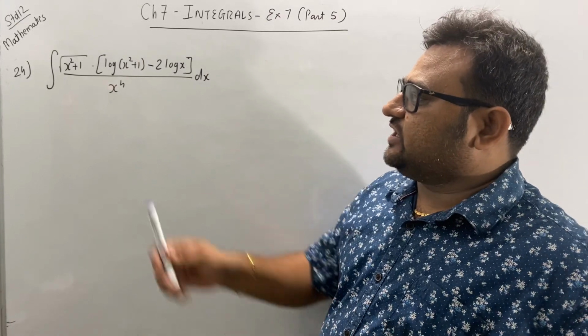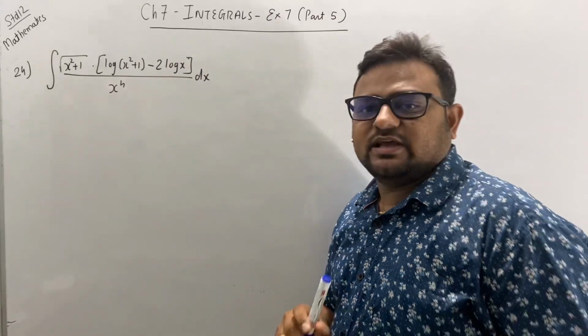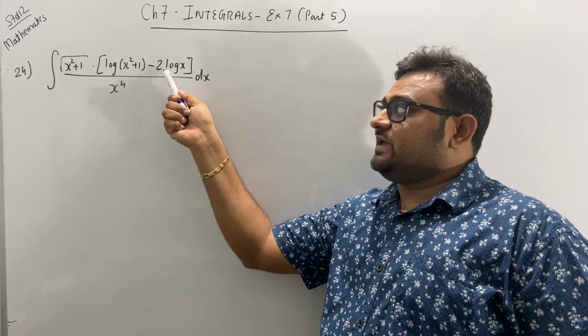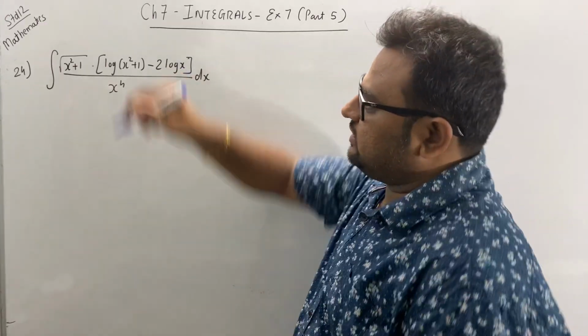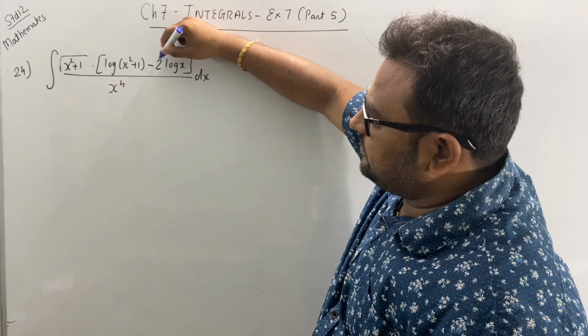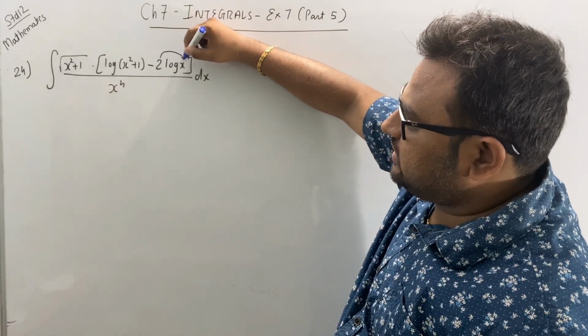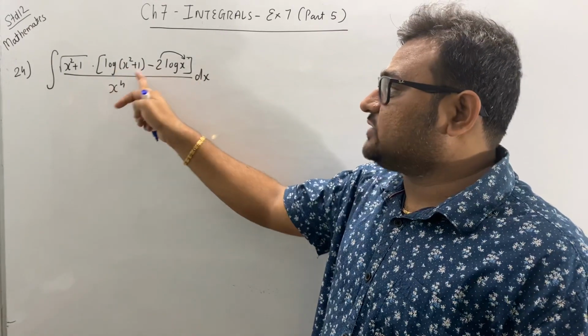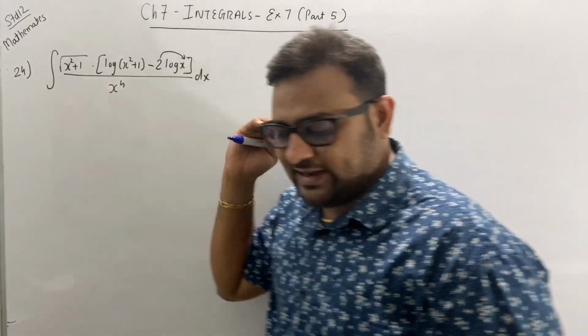Now see here, in logarithm minus it will be divide, but here it's 2 log x. So this number 2 will go to the power, it will be x square. So now log of x square plus 1 minus log of x square becomes divide.